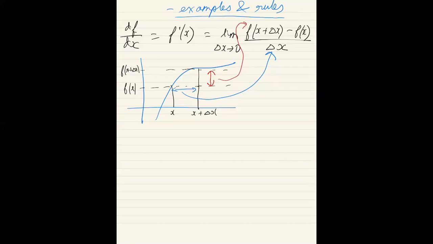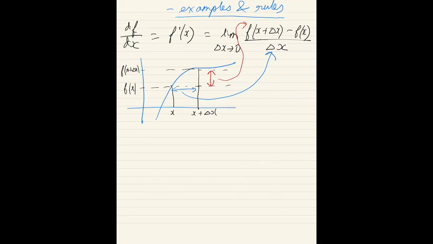So c could be 1, 2, 500, minus 18, pi, whatever you want, it's some constant. How do we calculate f prime of x for this one? f prime of x at any value of x will be given by, again, the limit as delta x tends to 0 of f of x plus delta x, which is c of x plus delta x, minus f of x.